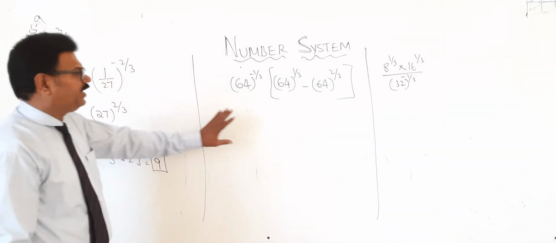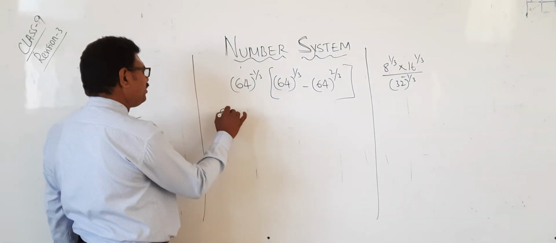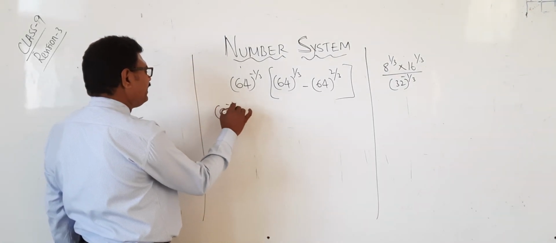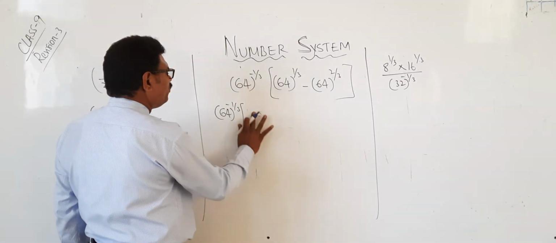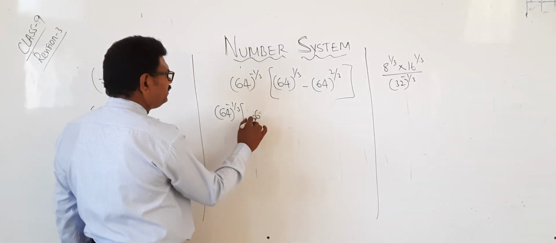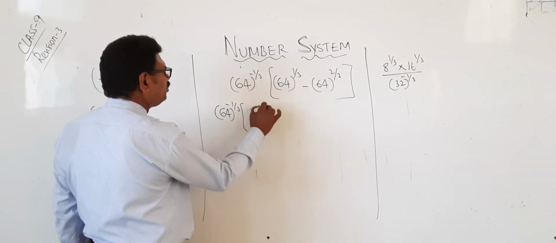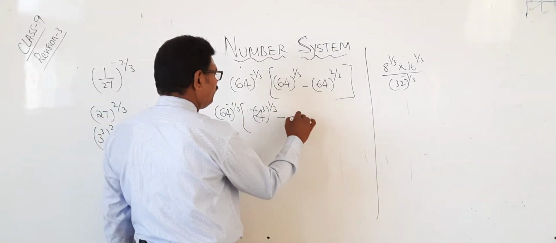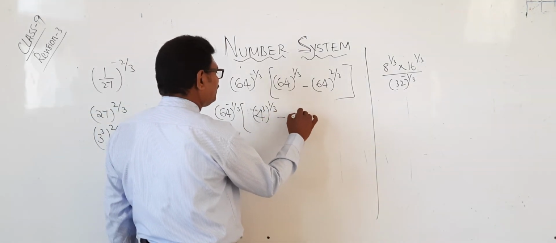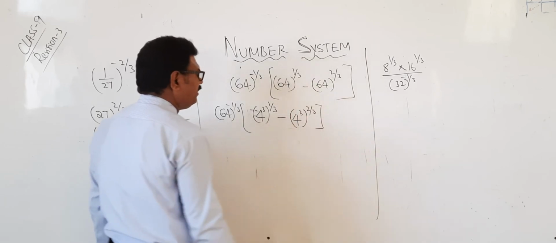Okay na? Come here. 64 to the power of minus 1 by 3. Here 64 can be written as 4 cube, whole to the power of 1 by 3 minus 4 to the power of cube, whole to the power of 2 by 3.